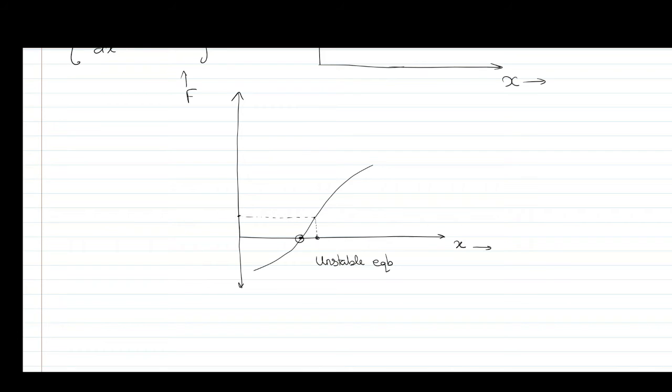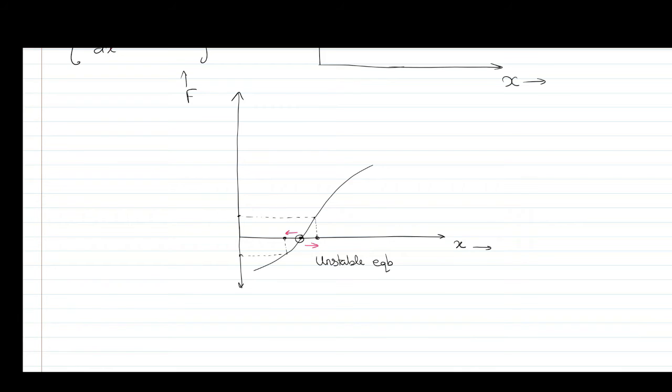Positive means in this direction, so it is directed away from the equilibrium position. If we go a little bit backward from the equilibrium position, then force will be negative. It means that it will be directed in this direction. So in both the cases, force is directed away from the equilibrium position.